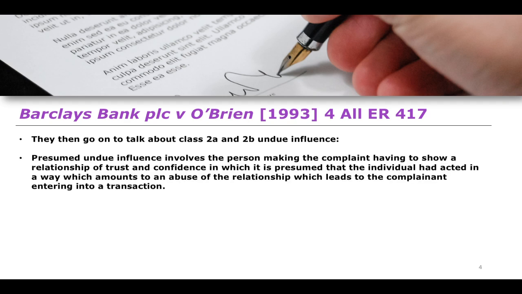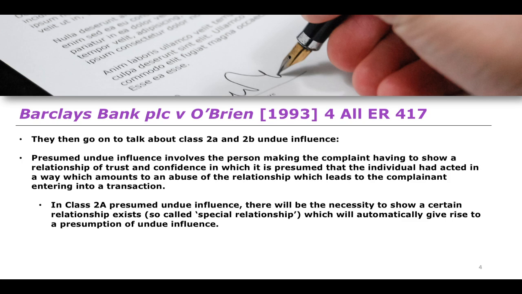Presumed undue influence involves the person making the complaint having to show a relationship of trust and confidence, a fiduciary relationship, in which it is presumed that the individual had acted in a way which amounts to an abuse of that fiduciary relationship, which then, as a result, will lead the claimant to enter into a transaction.